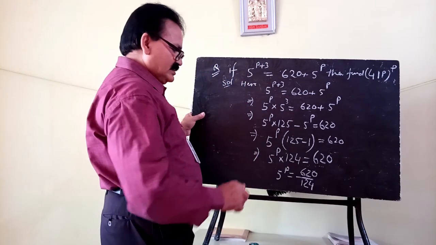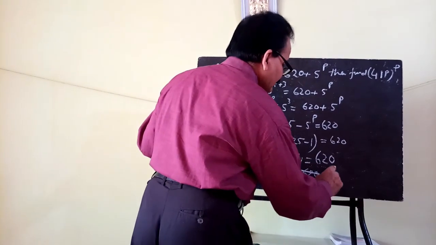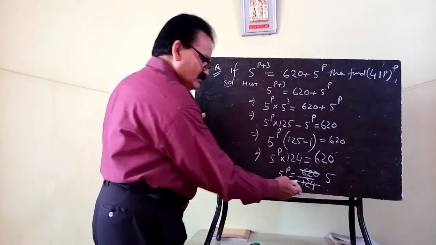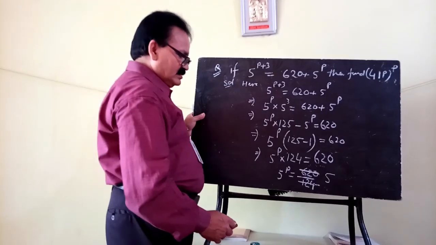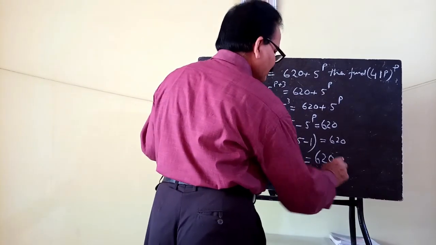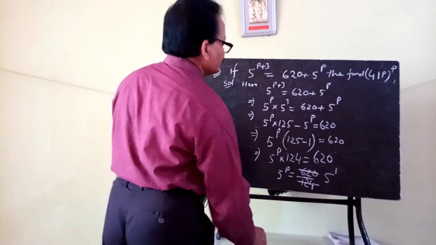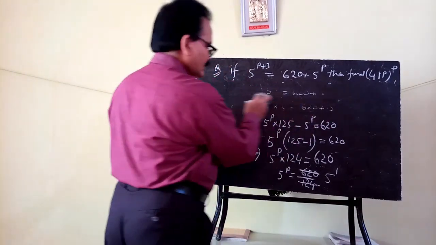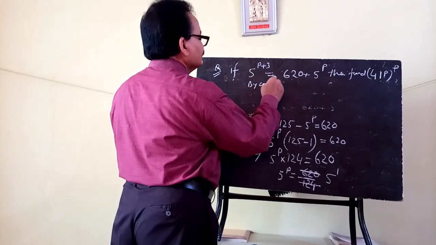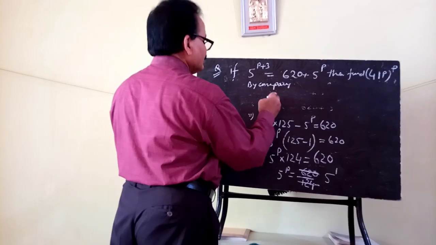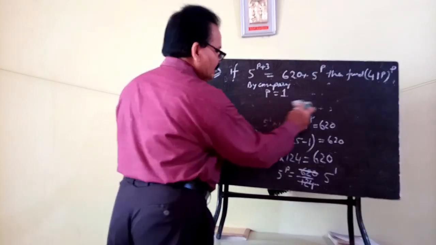If you see, this will be completely divided: 124 times 5 is 620. So that means the power of 5 is 1. By comparing both sides, p equals 1. So you have got the value of p.